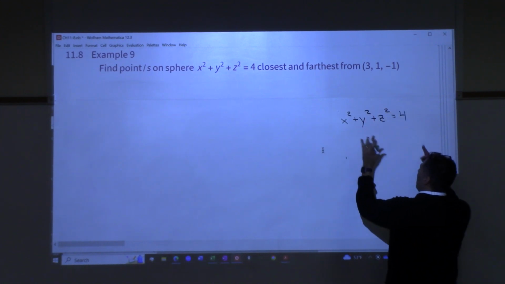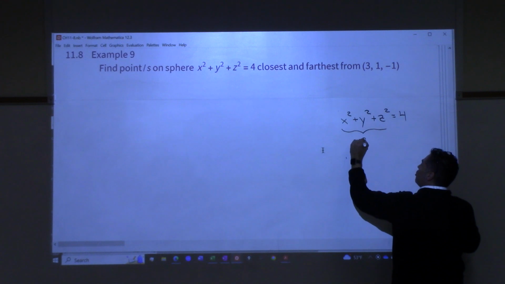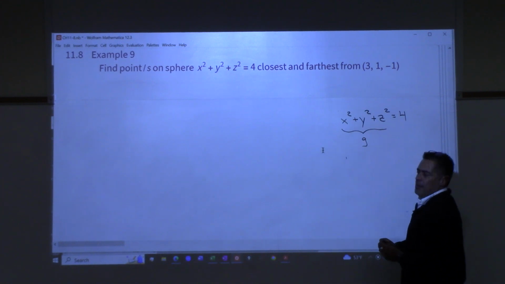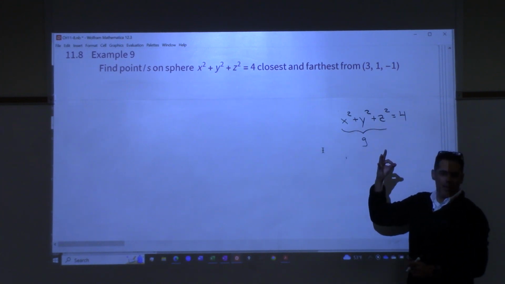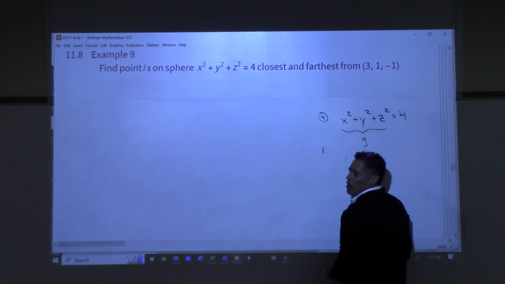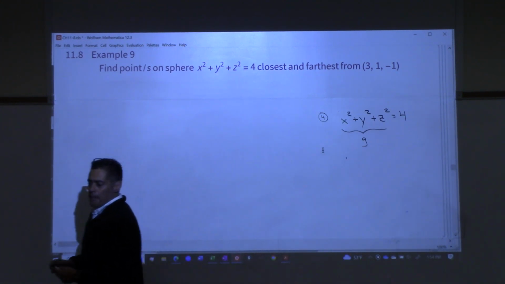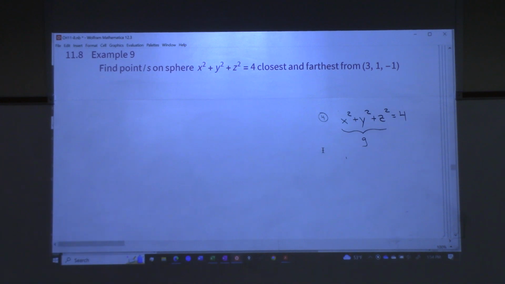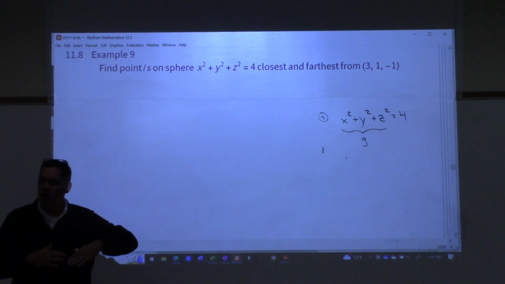I know that that's my constraint and that this right here is my g. And since my g is a function of 3 variables, I know that by doing Lagrange, this is going to be equation 4. What I need now is the f.